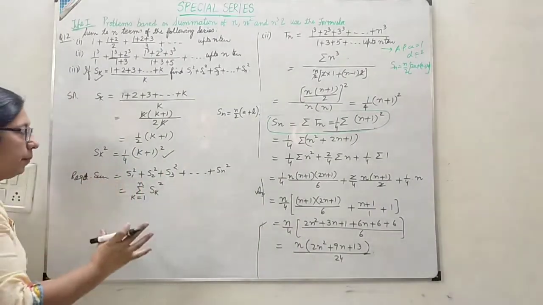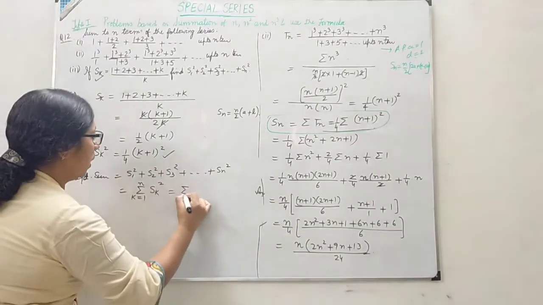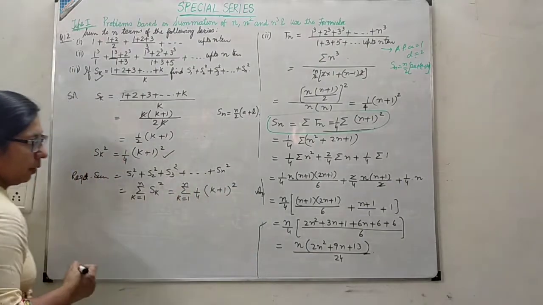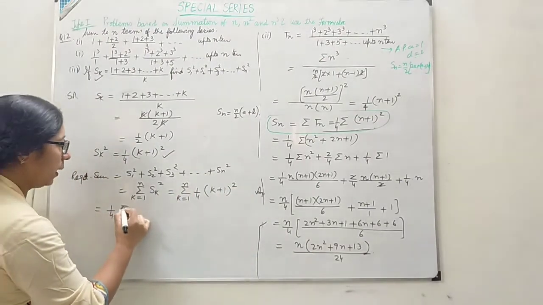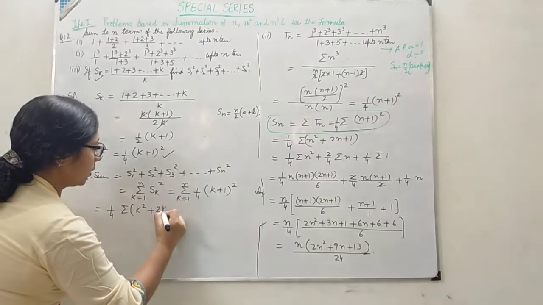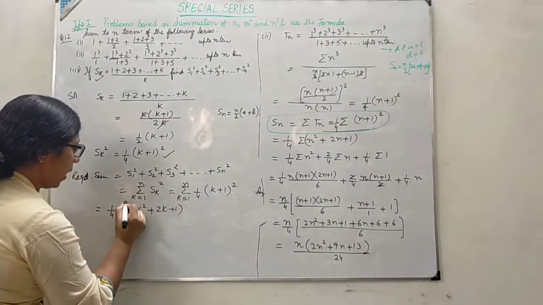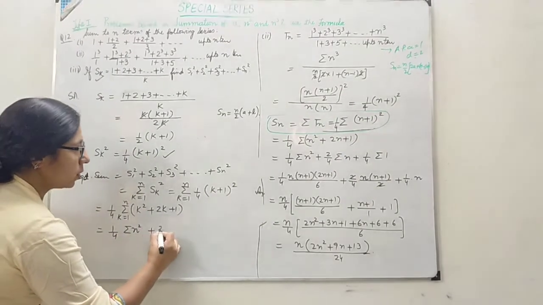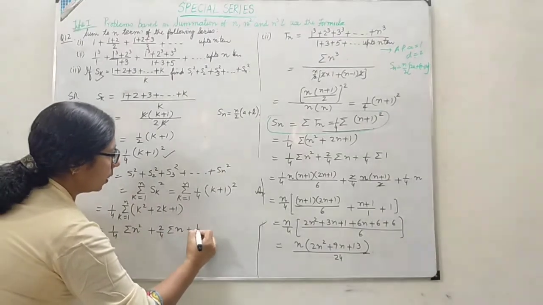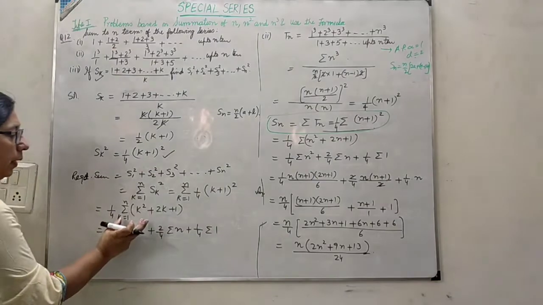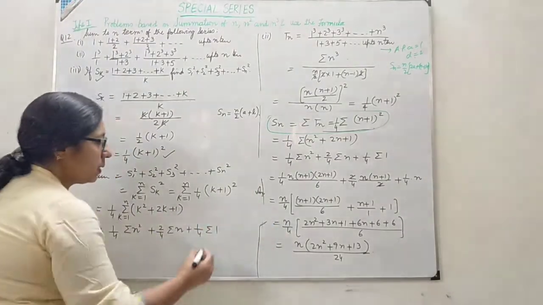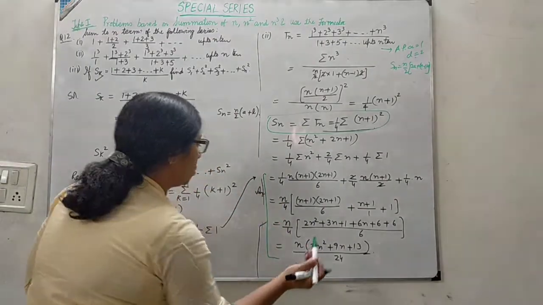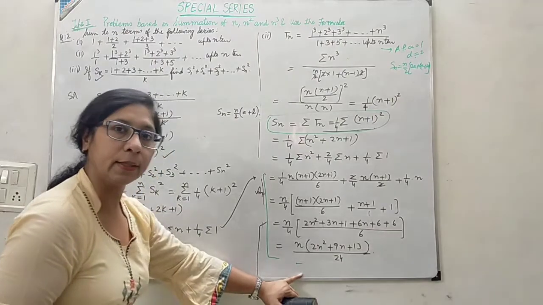This Sk square, sigma k running from 1 to n, is 1 by 4 into k plus 1 whole square. Now this is your 1 by 4 sigma k square plus 2k plus 1, with k running from 1 to n. This I will write further as 1 by 4 sigma k square, 2 by 4 sigma k, plus 1 by 4 sigma 1, or simply put down these formulas as they are. Now this will be the same as the remaining part, so we are getting the same answer in the third part as well.